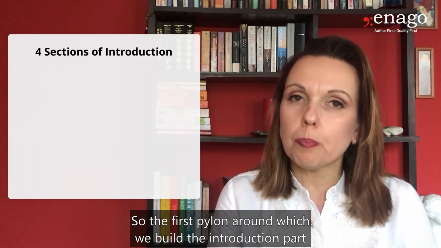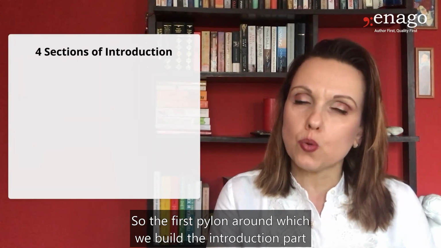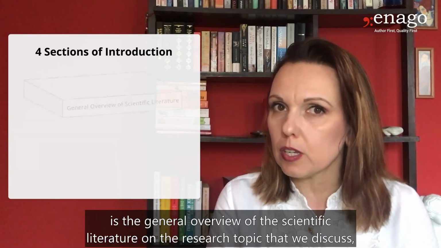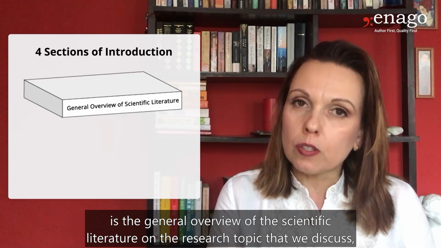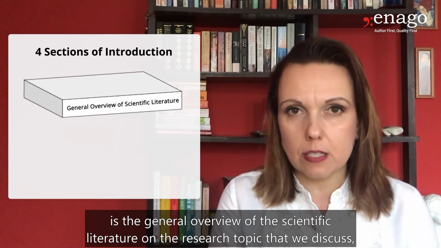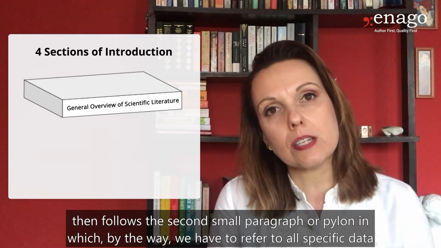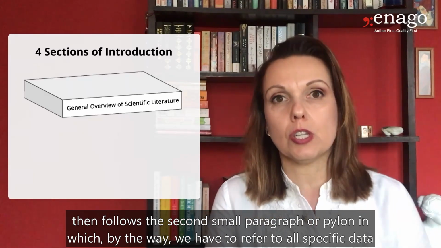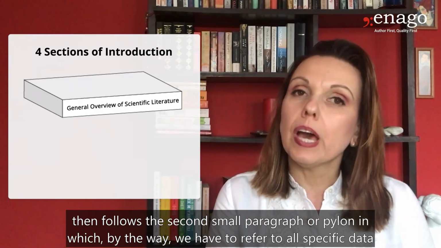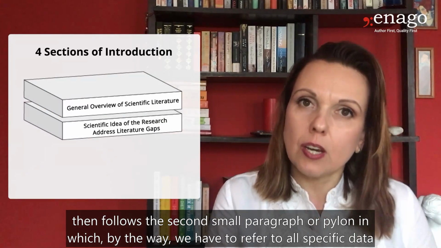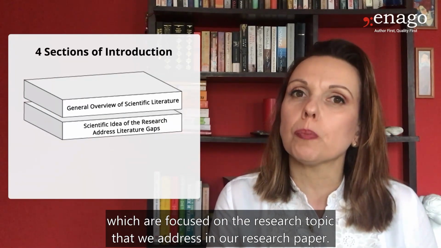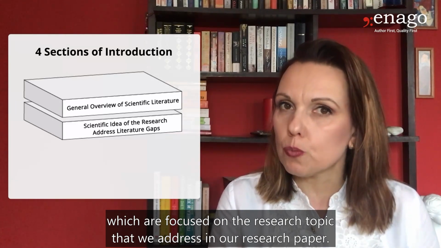So the first pylon around which we build the introduction part is the general overview of the scientific literature on the research topic that we discuss. Then follows the second small paragraph or pylon, in which, by the way, we have to refer to all specific data which are focused on the research topic that we address in our research paper.